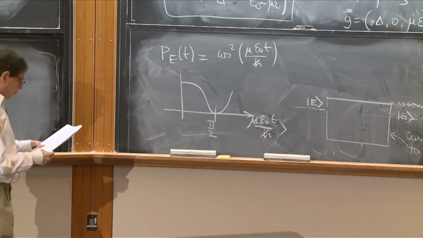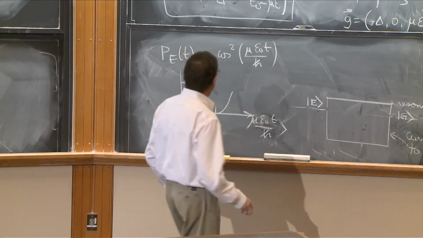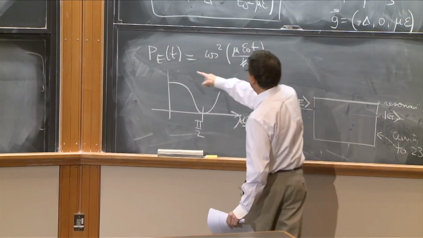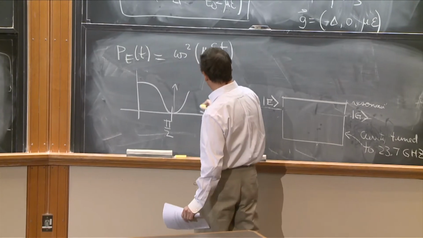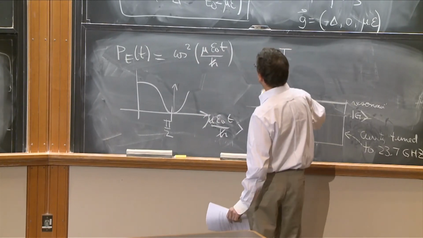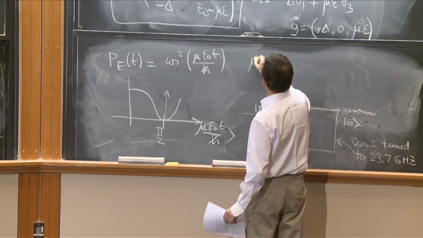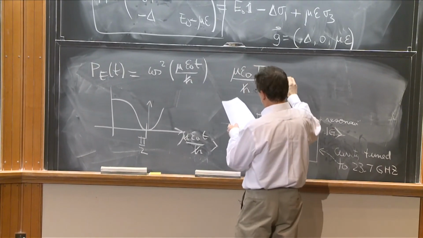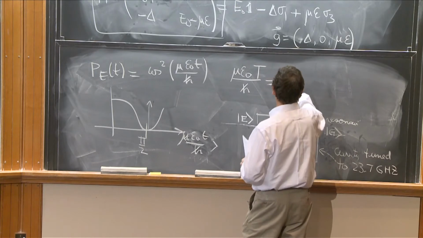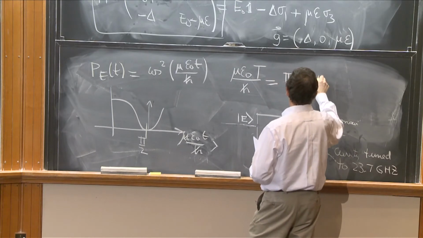So what do we need? We need that the time t at which this happens be such that mu E naught t over h bar be equal to pi over 2 or 3 pi over 2.